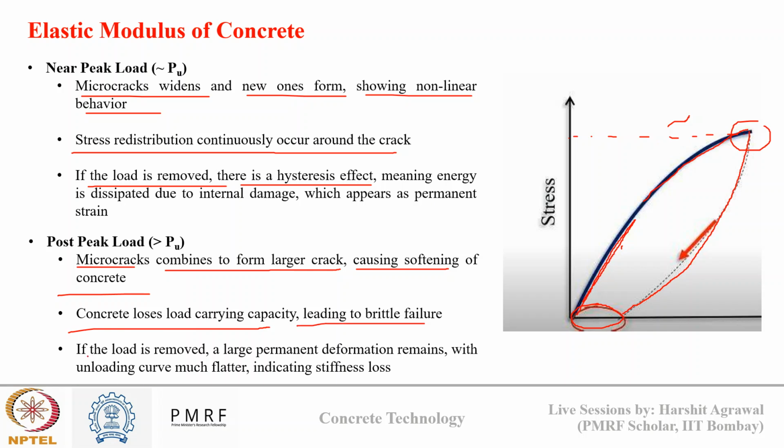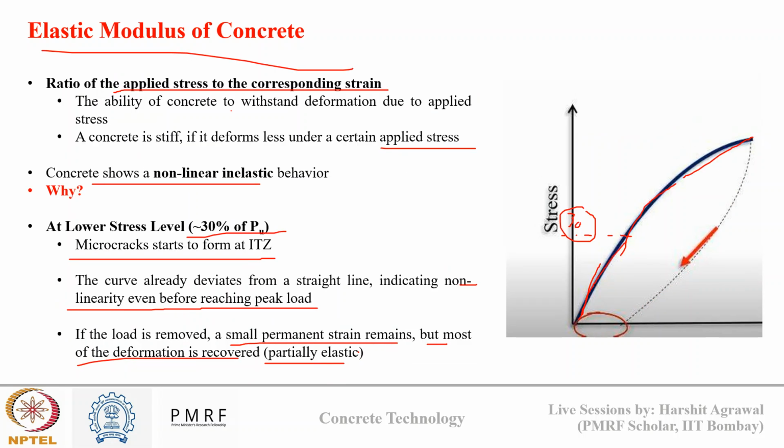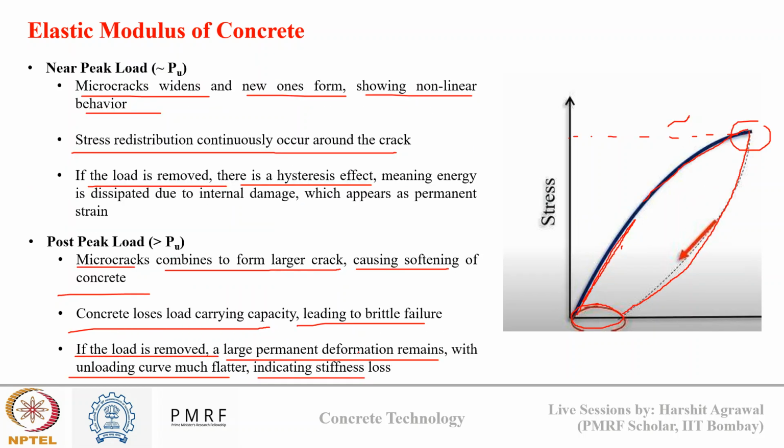Now if the load is removed, a large permanent deformation will remain, with the unloading curve much flatter, indicating a stiffness loss. So this is why concrete shows a non-linear inelastic behavior. It is because of the microcracking, the widening of cracks, and the growing of cracks that happens at different stages of loading.